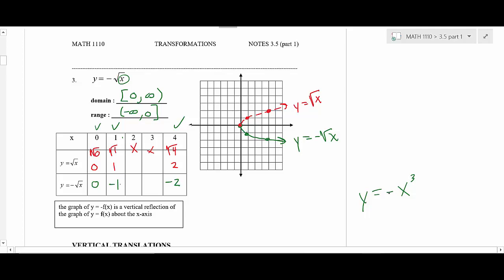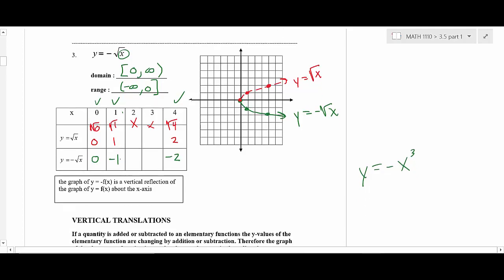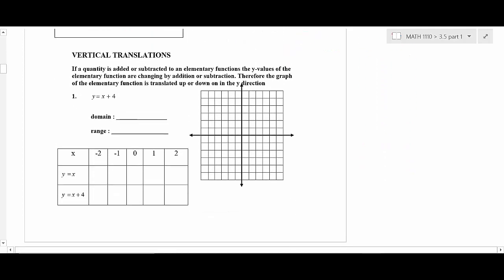All right, next thing we're going to look at is a vertical translation. We're going to look at the easiest ones first, and then build from there. So the elementary function on this is just y equals x, which is a line, and that just means they're the same. If y and x are equal, then you just bring those down like that, and that will give you a set of points for your elementary function.